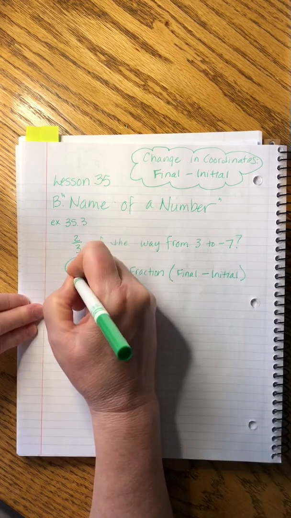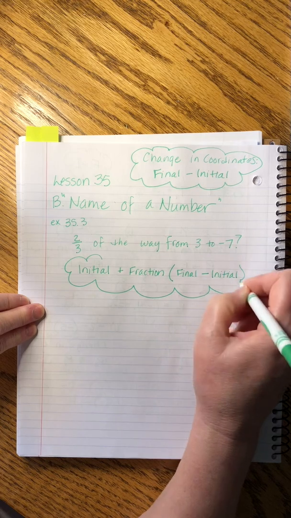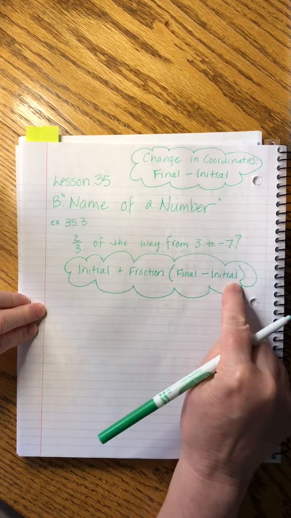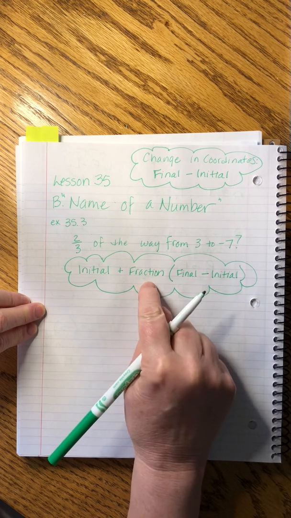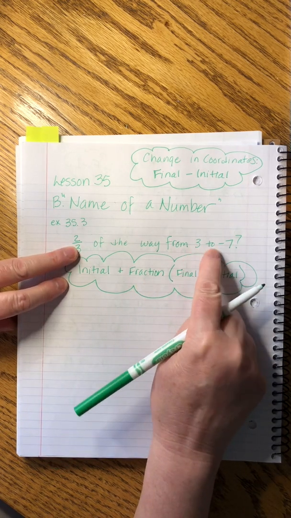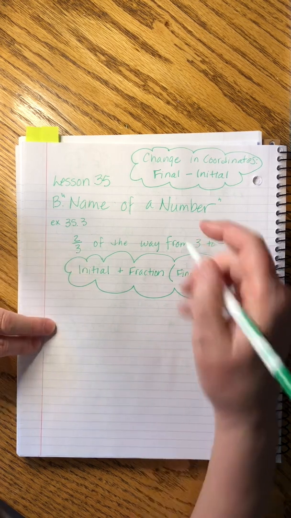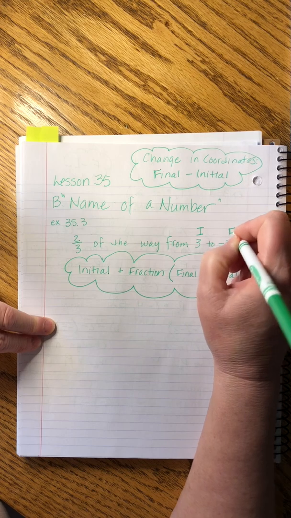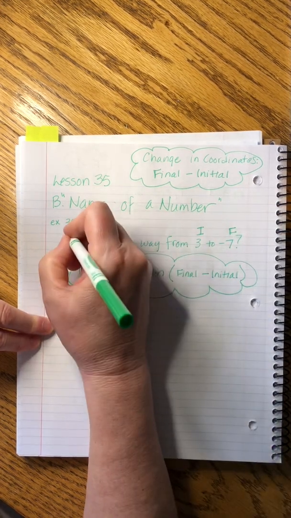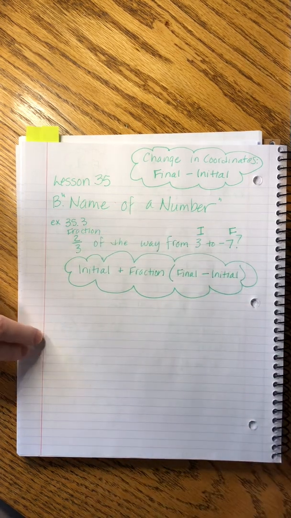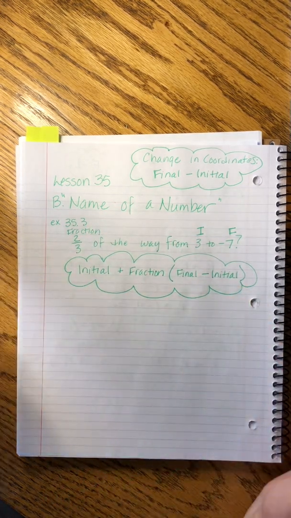So we're measuring the change in the coordinate and we're taking a fraction of it, right? 2/3 of the way from 3 to -7. So this is our initial, this is our final, and this is our fraction. And now all we have to do is plug in to our fabulous formula and solve.